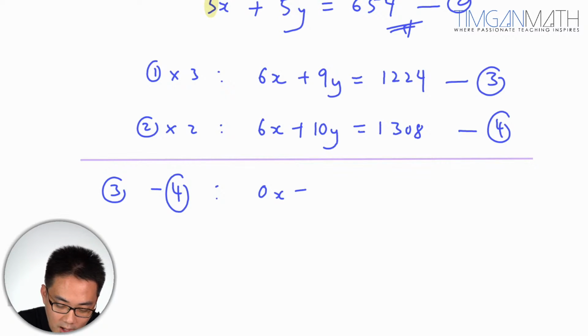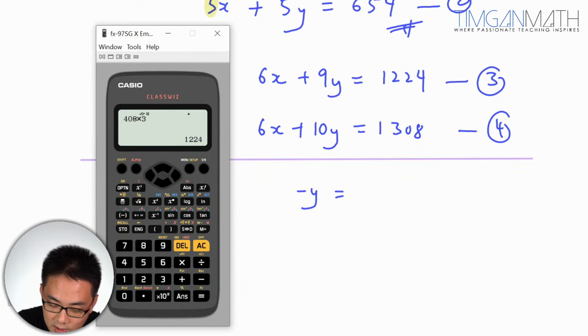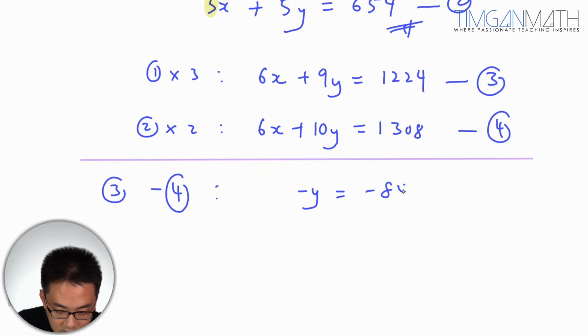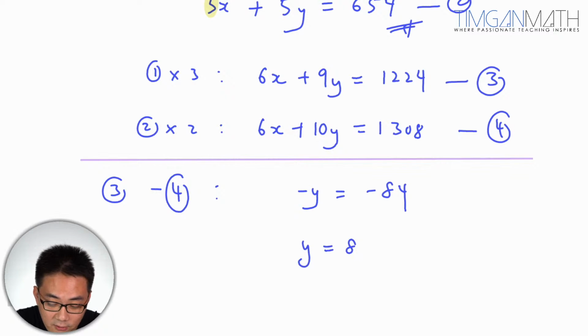This will be minus y. So what is left is minus y equals to 1224 minus 1308, which is negative 84. Okay, so y is 84.